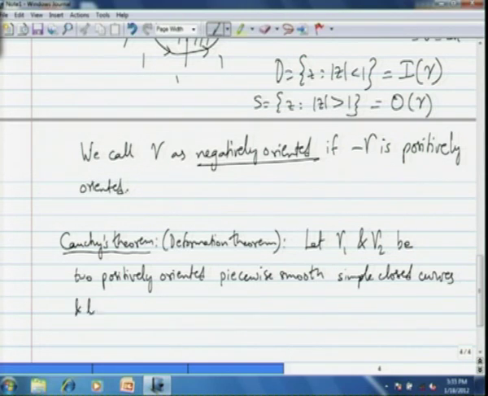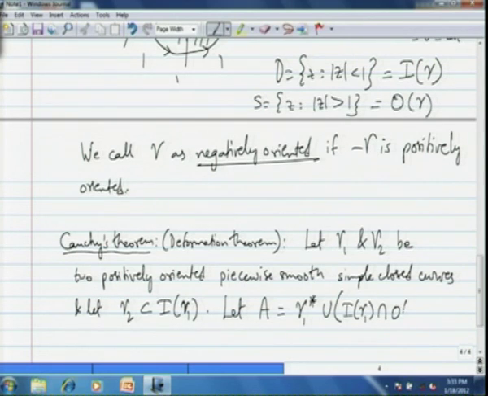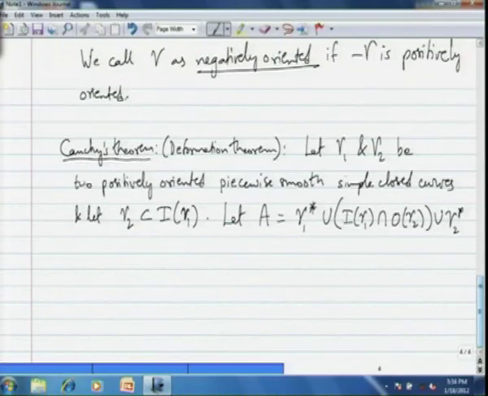And let gamma 2 be contained in the inside of gamma 1. Also, let A denote the set, the trace of gamma 1 union the inside of gamma 1 intersection the outside of gamma 2, union the trace of gamma 2.